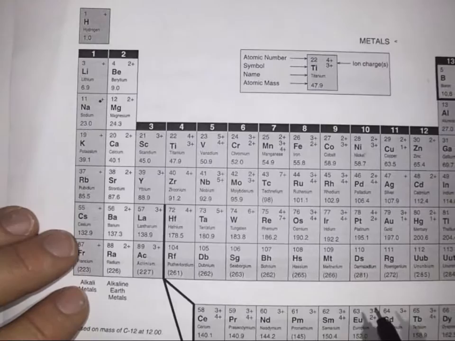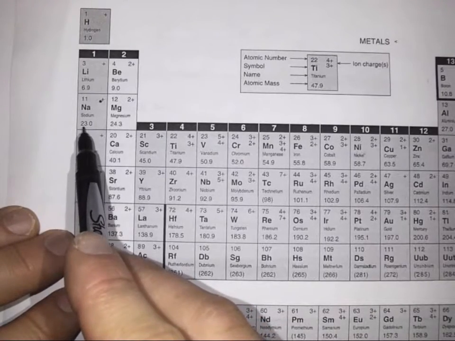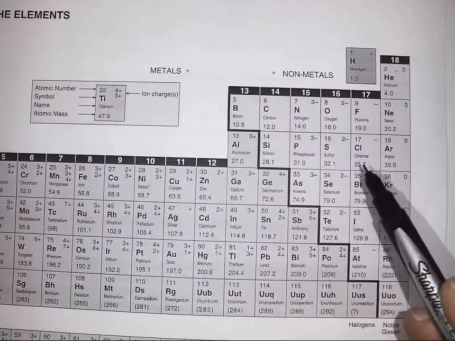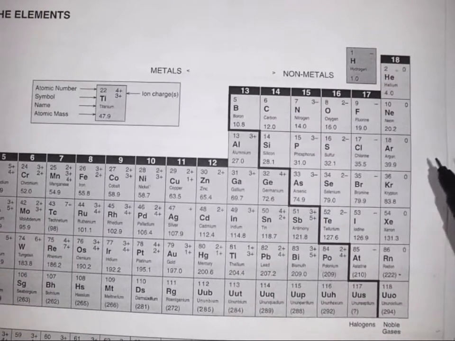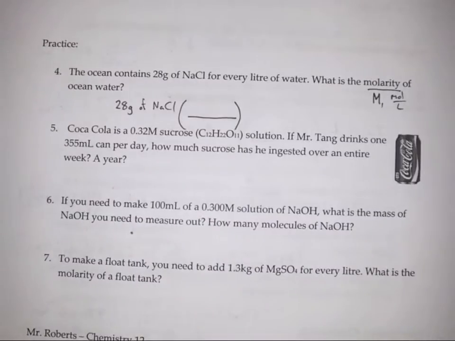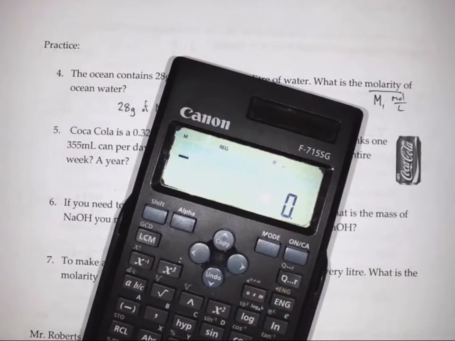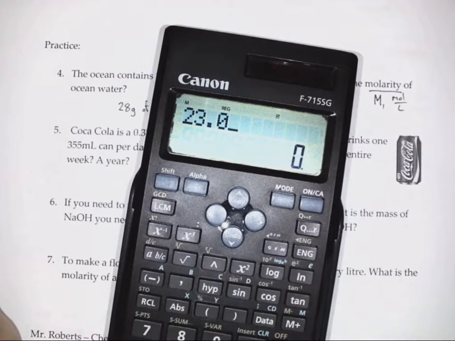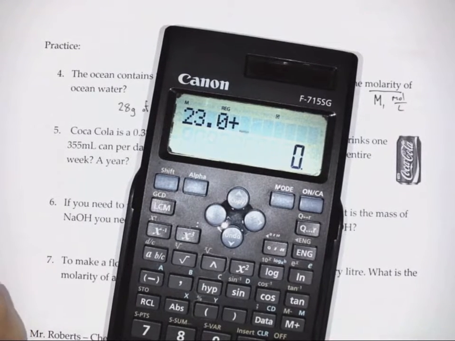So we're going to look for the molar mass of sodium. That's 23.0. The molar mass of chlorine is 35.5. So the molar mass of sodium chloride is, I already forgot what sodium was, 23.0. We don't need the 0.0 on a calculator. Calculator doesn't know the difference between that and 23.